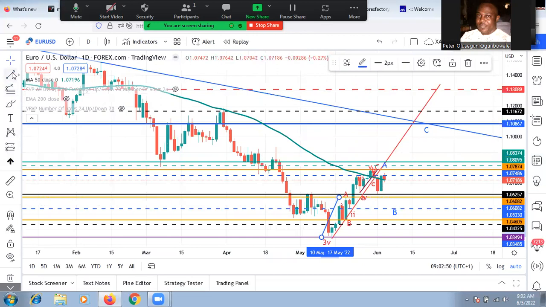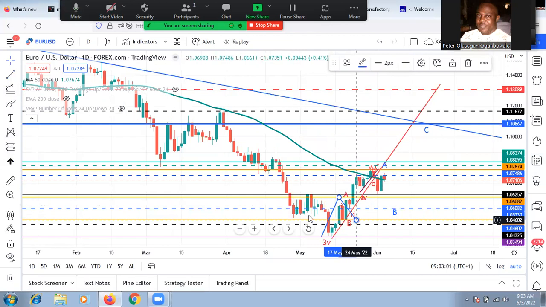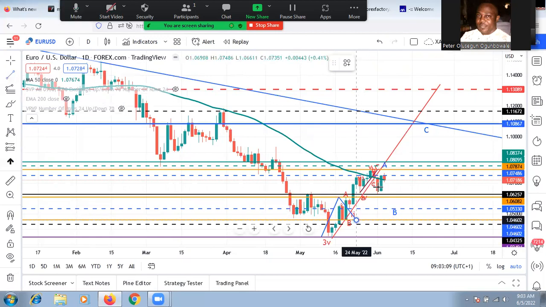Then we now add another move from here. This is A now. We have this move to this side, which is B. Okay, then we now have this move to the upside. And this move is C. That is what it looks like.